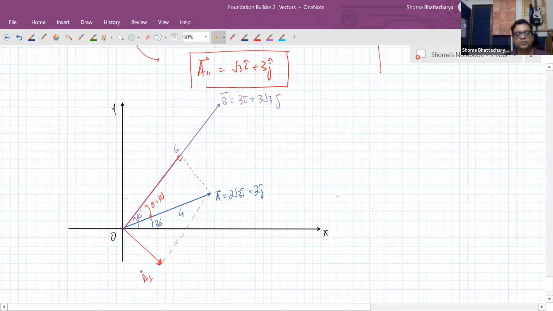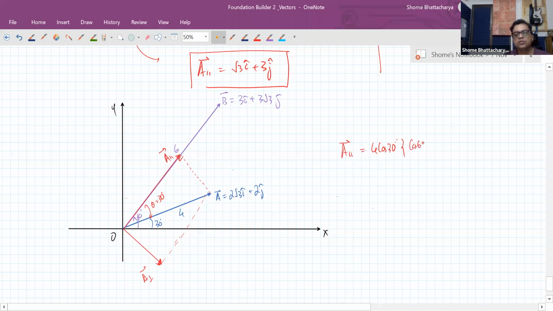So this is A perpendicular, this is A parallel. Okay. So you can see from here that A parallel will be of magnitude 4 cos 30, but along a direction making a total angle of 60 with the x-axis.